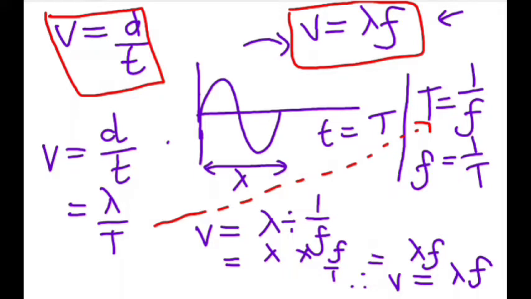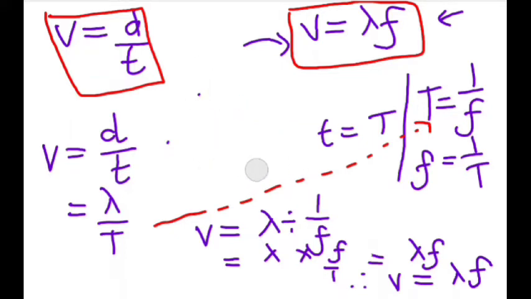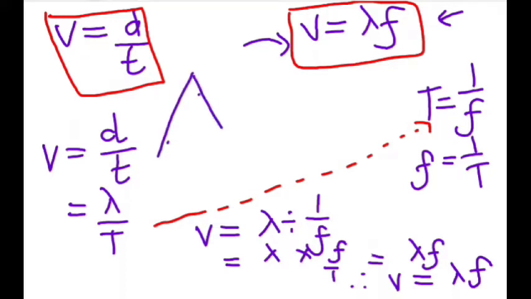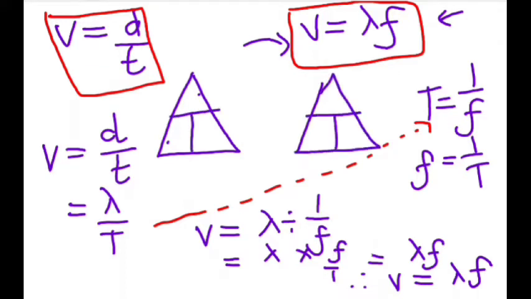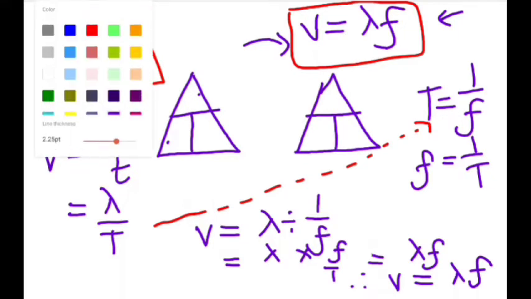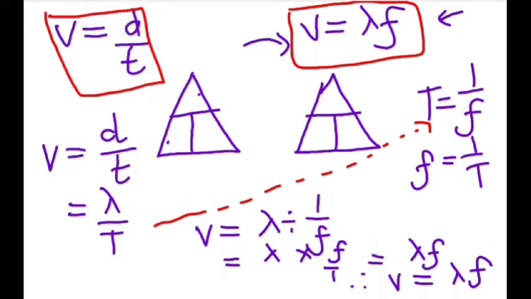So one part of the calculation is to do with this wave speed formula and how to use it: V equals d over t, or V equals lambda f. If you're still struggling with these formulas, perhaps the first thing you could do is draw a triangle for these two formulas, like that. Let's start with the distance-time one.